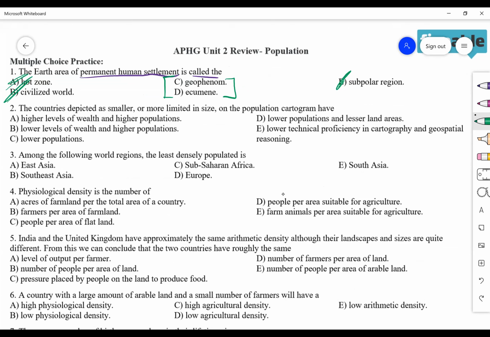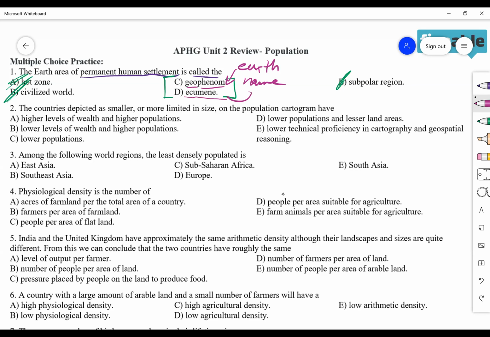Permanent human settlement. Let's break down these words together because I don't know. Geophonym. Geo meaning earth, phonem meaning name. So the name of the earth. I don't love that one.